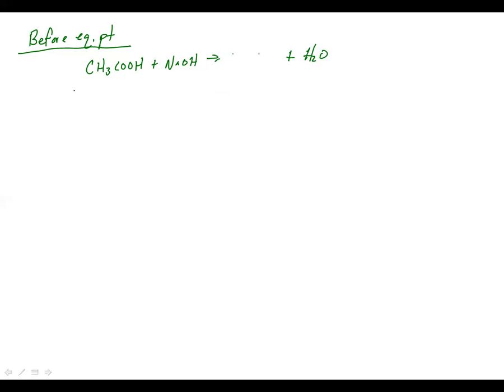So again here, just to show you what a table would look like at this point, we'll go back to look at it. To show you what's happening at this point of the titration, here we are again starting with our acetic acid in the beaker. We're adding our sodium hydroxide.